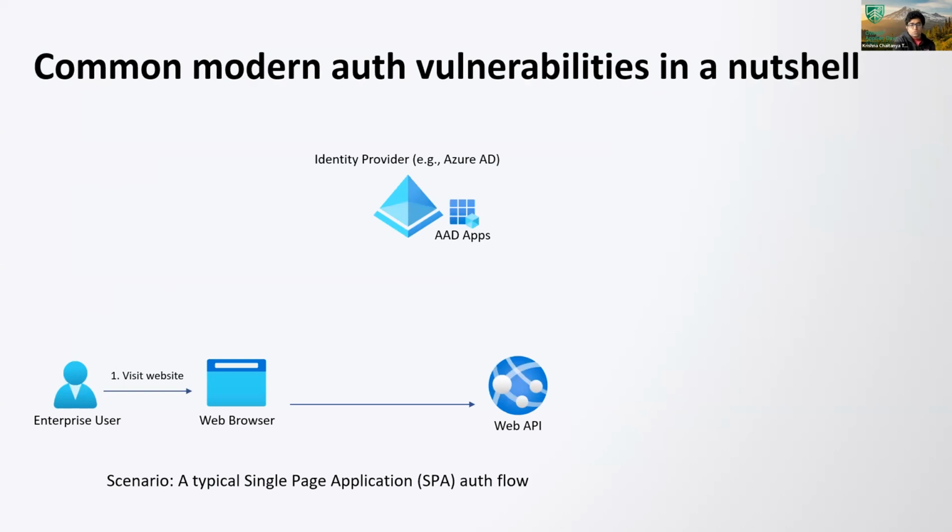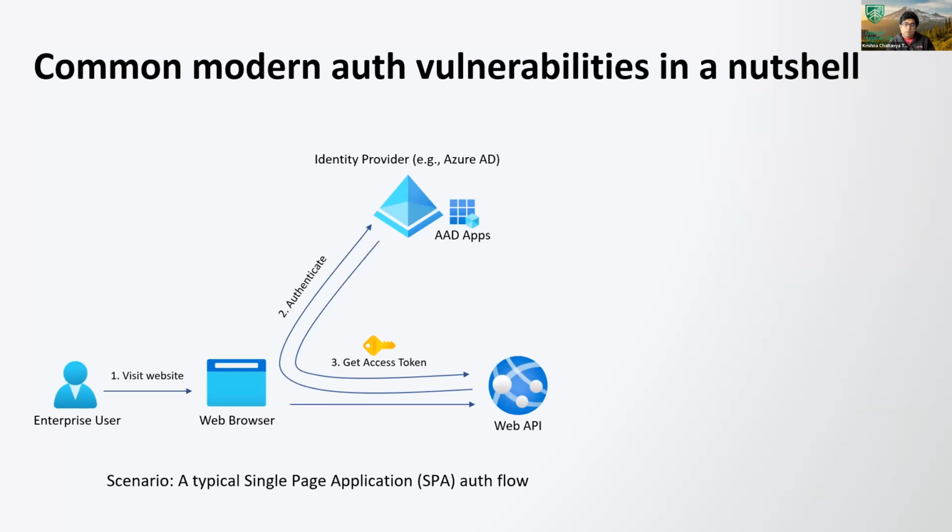When users visit a browser and access a single page application to hit the API, they get redirected to the identity provider, where users authenticate, and they get back an access token, which they pass to the web API. There are a lot of nuances in this handshake that I'm deliberately ignoring, for example, ID tokens, refresh tokens, and things like that. A very basic scenario: users authenticate, there's a federation happening here. Users are taken to the identity provider, and they get back an access token through the browser, and that's sent to the API. That's how users authenticate and authorize to the API.